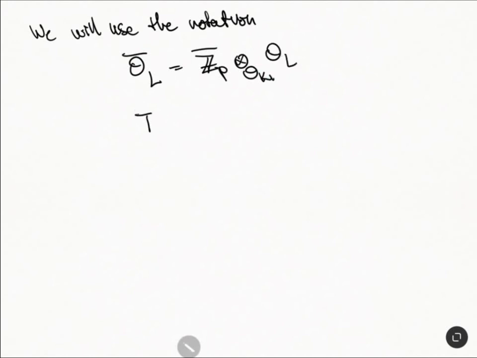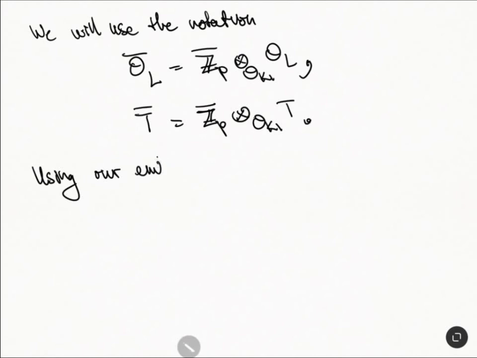And then we're going to use T bar, which is the Z_p bar, O_{K_1} T. So we're going to use these two notations. And so, using our definition of embeddings, direct sum decompositions.